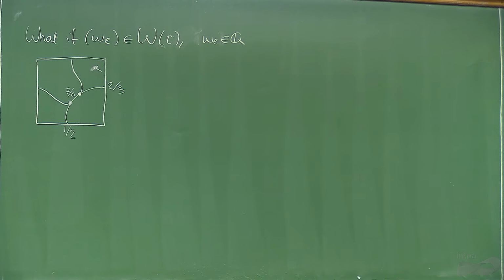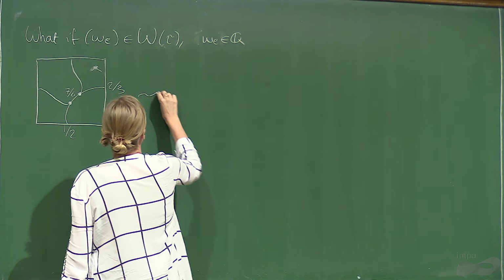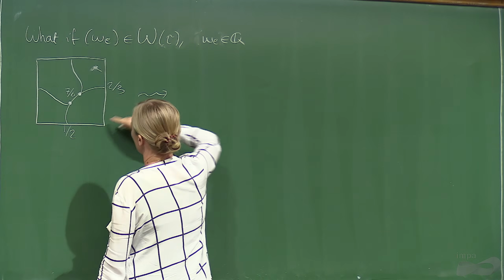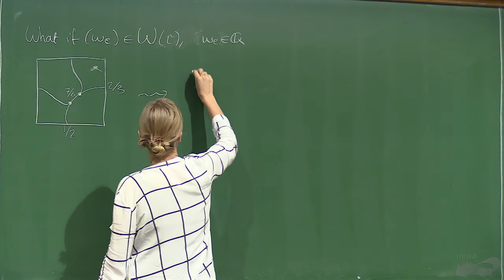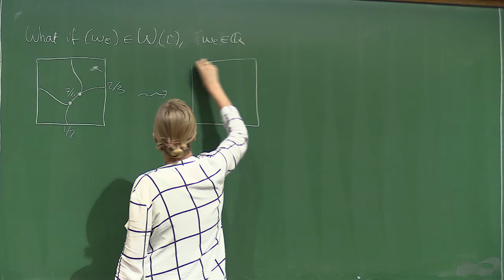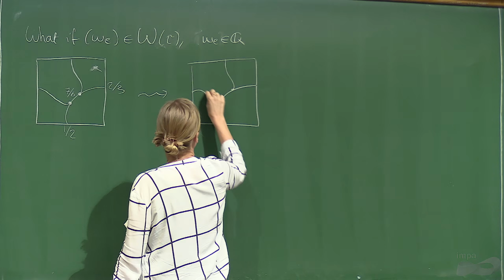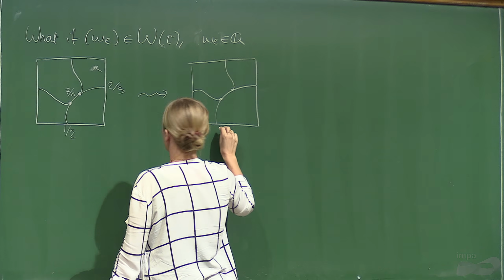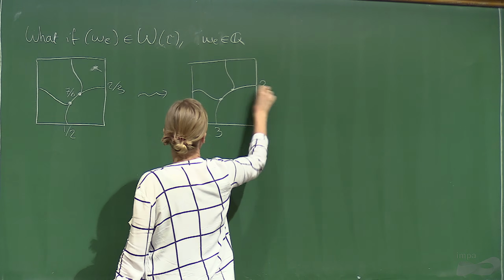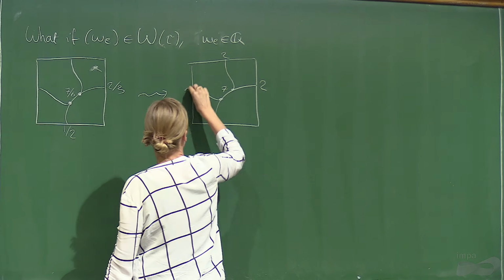Okay, if I think of common denominator 6 and multiply everything by 6, I will get 3, 2, and 7. So this is also 2, and that's also 3.